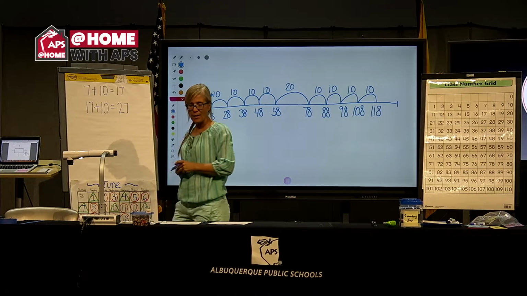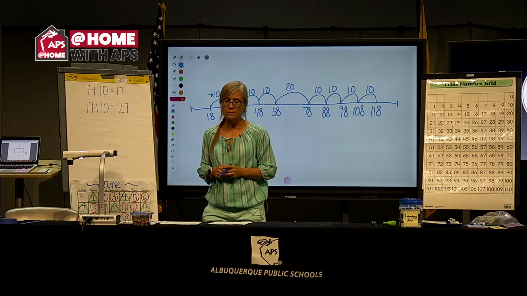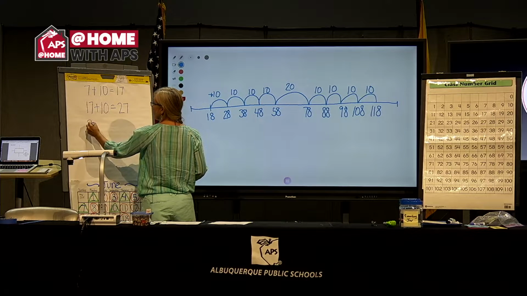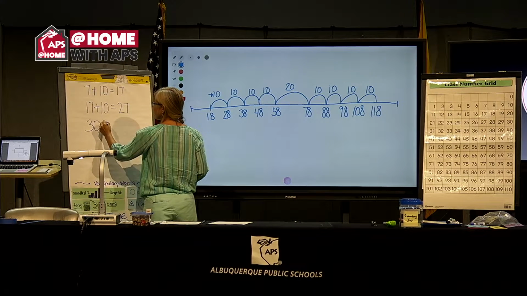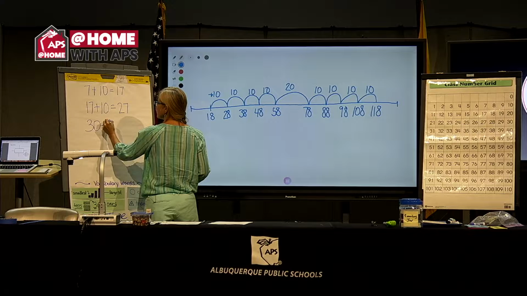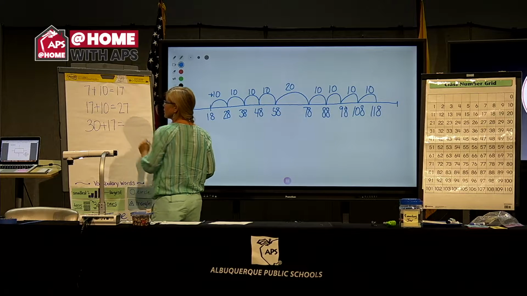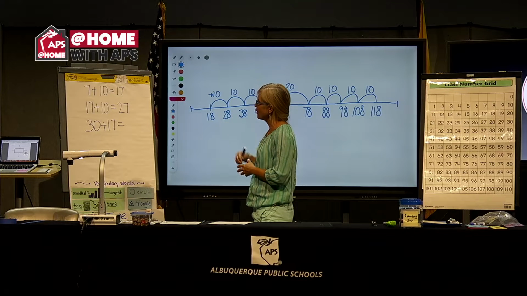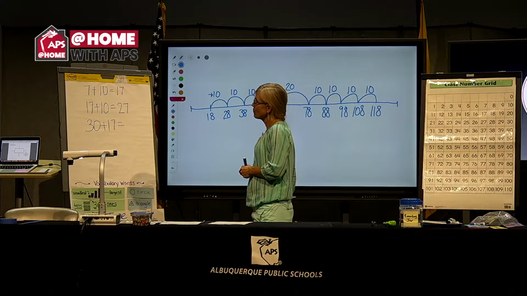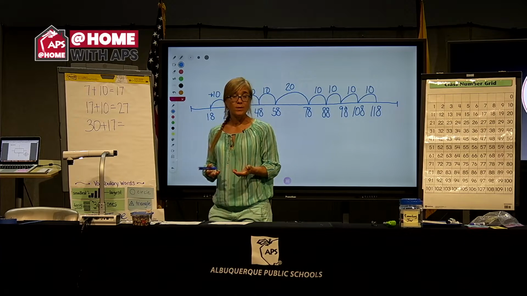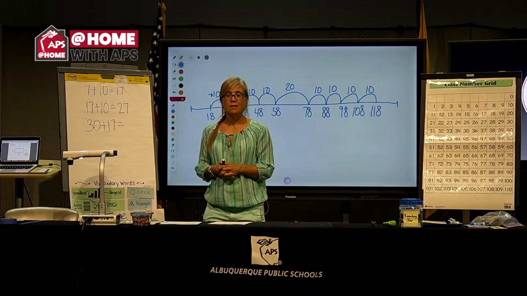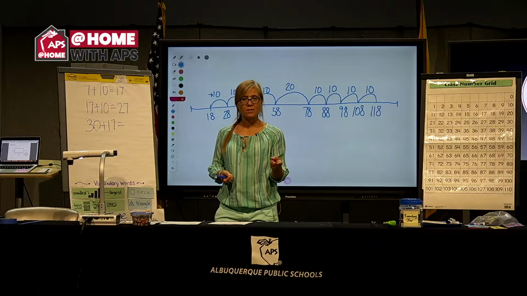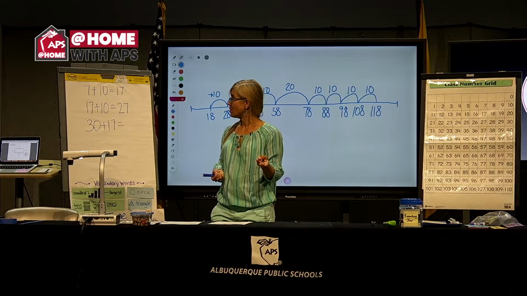Are you noticing any pattern that you can use with these problems? What if I had this problem here? Could we use that problem and see a pattern here we could use? Could we do our same kind of counting? Let's see, 17, 27, 37, 47.